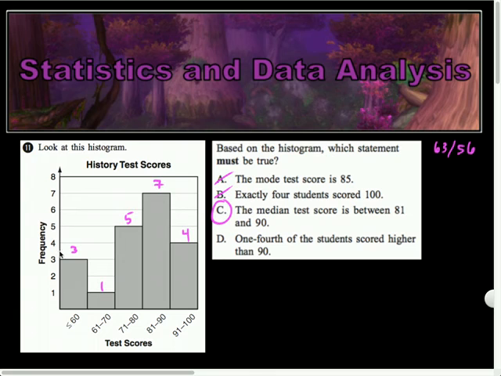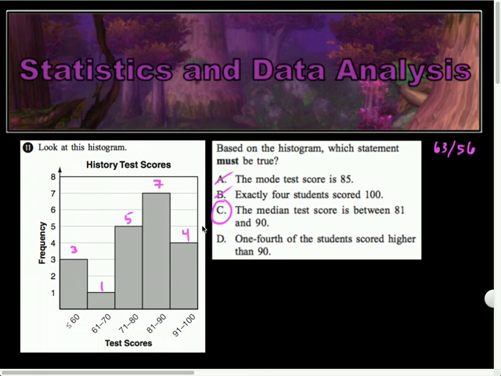Similarly, if I counted from this side, 3 students, 4 students, 9 students occurred up to this point, but that wouldn't have been the 10th and 11th students making up the median. So let's look at statement D. It says 1/4, or 25%, of the students scored higher than 90.